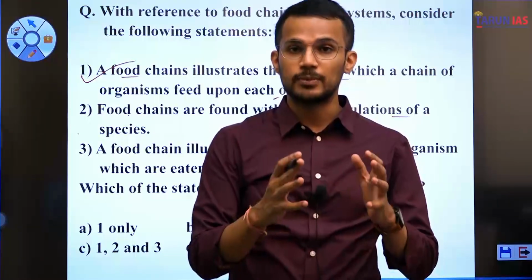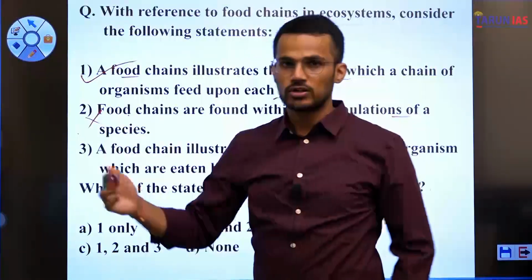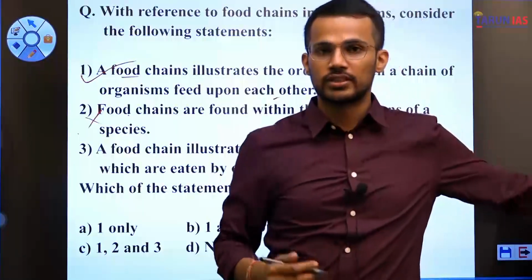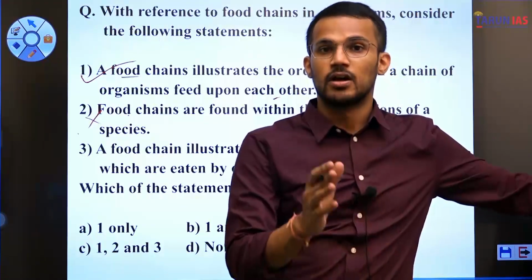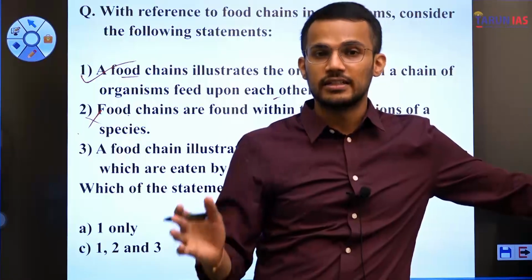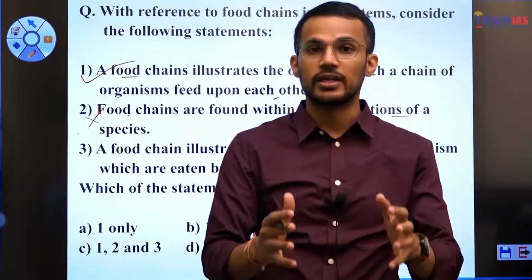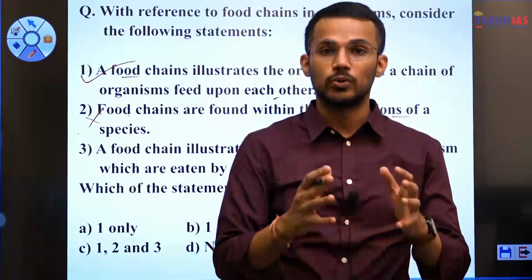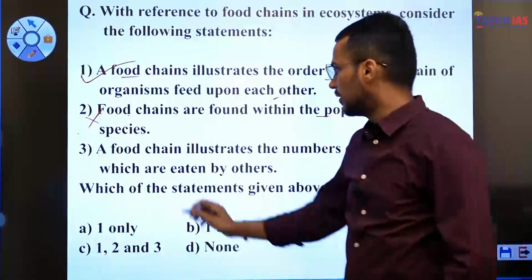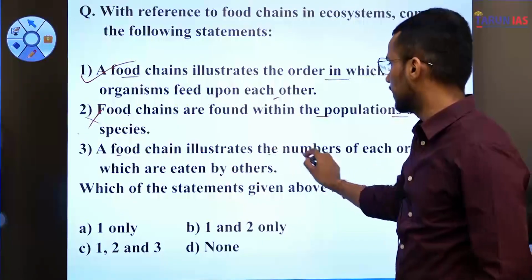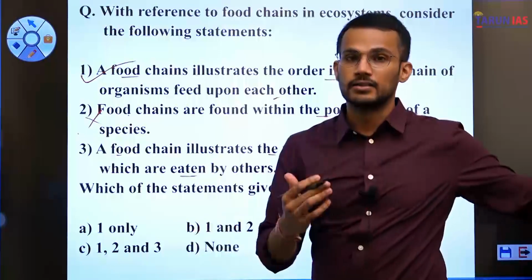It is not between the populations of a species, and hence the second statement is incorrect because as we have discussed in the earlier food chain that we have drawn, grasses, grasshoppers, frogs, snakes and eagles, this is a set of a community, and a food chain is about a community and not about a population of a species, and hence the second statement is incorrect.